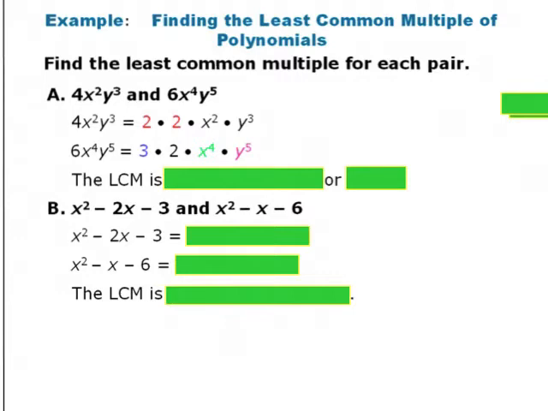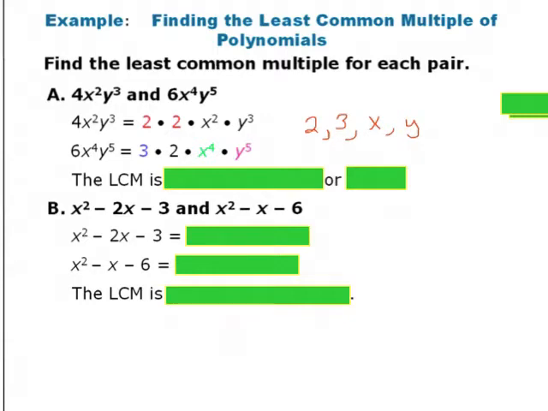Now, let's compare. The list of factors in this case, remember, we had a 2, a 3, an x, and a y. And we want the highest number of each.